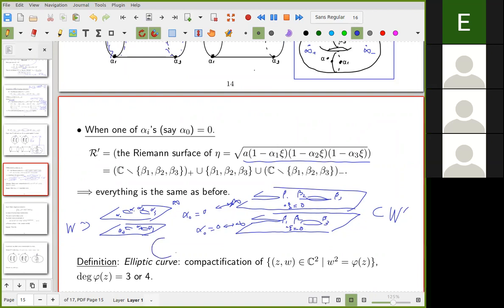And from this, we have again two P1s in this way.